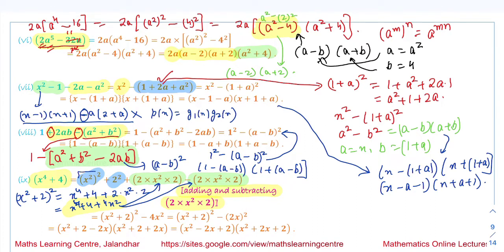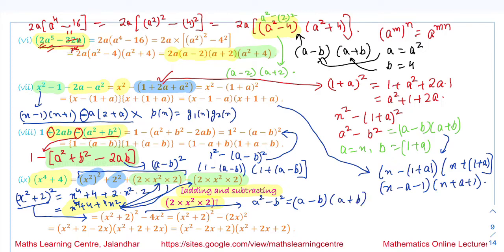So this whole term, we have seen from here, is equal to (x² + 2)², and what we are left with is minus 4x². This term is of the form a² − b² = (a − b)(a + b), where the value of a is x² + 2 and the value of b is 2x.